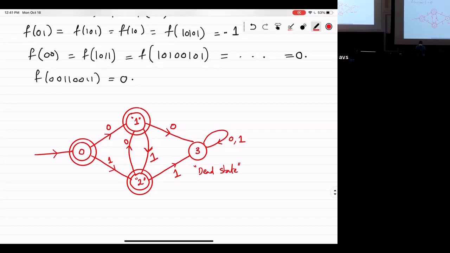For DFAs, is it not possible to exit right away? When we go to the dead state, it's still going to keep reading until the end of the input. Right. But technically, once you hit the dead state, we have enough information to say this is not an alternating string.